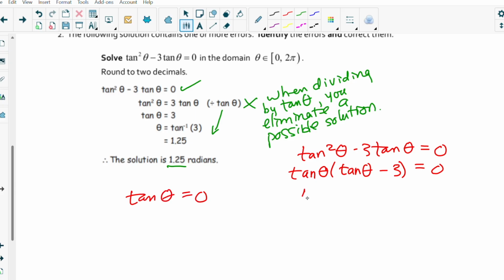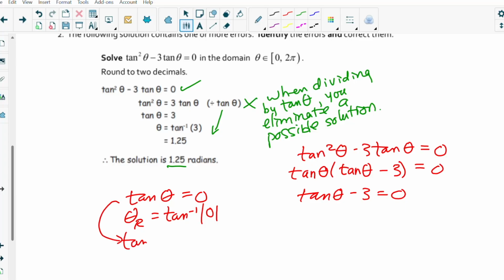Tangent of theta equals 0, and tangent of theta minus 3 equals 0. I find the reference angle first, so the inverse tangent of the absolute value of 0. And I know tangent is positive. Oops, first let me solve for the reference angle. That's 0 radians.